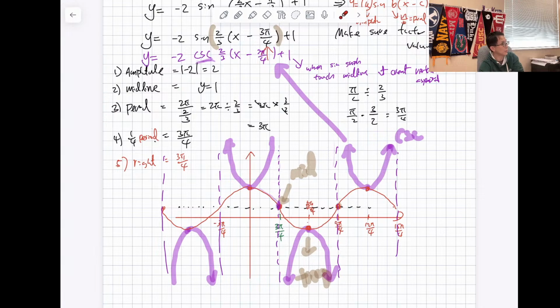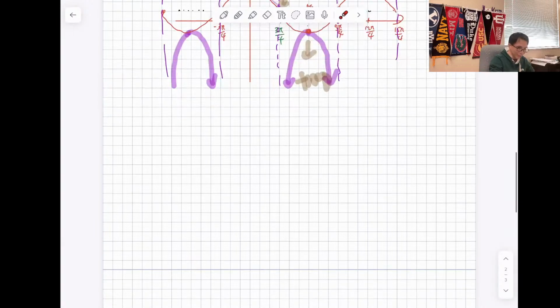Any questions? Okay, so my challenge for you is to graph something that's super. We're going to ask you cosine now.